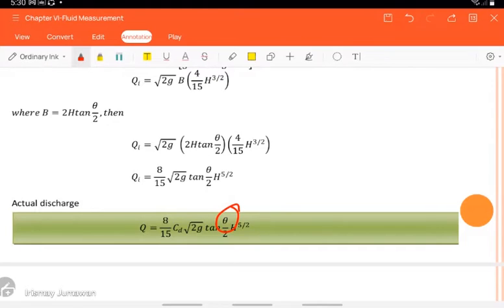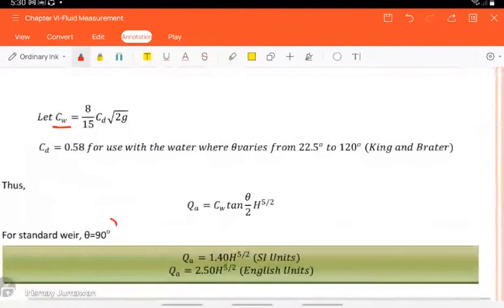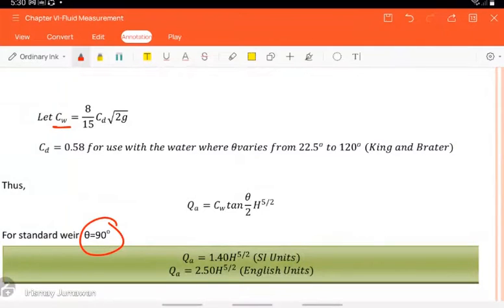But before and recently there's a special formula for the triangle also. If you have a 90 degrees theta, you have to use 1.4 times h to the 5 halves for SI, and for English that is 2.5 times h to the 5 halves.